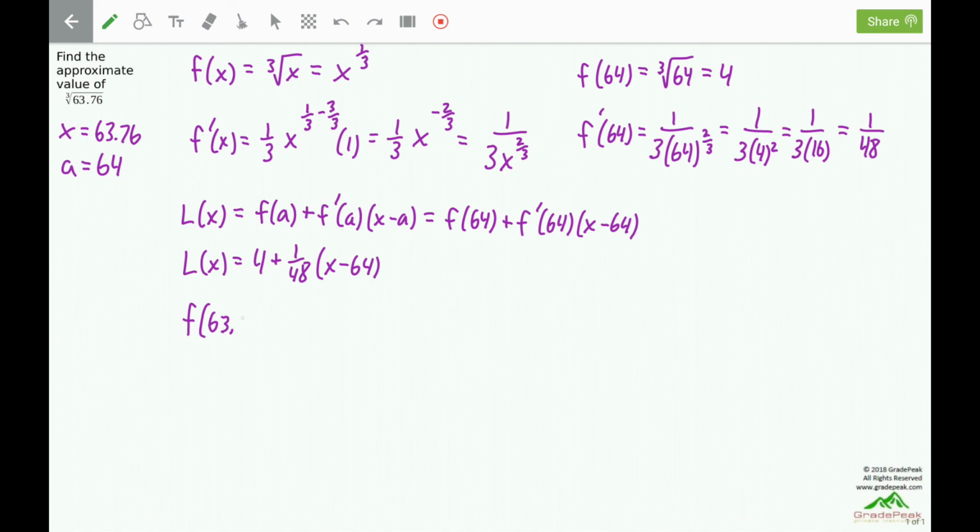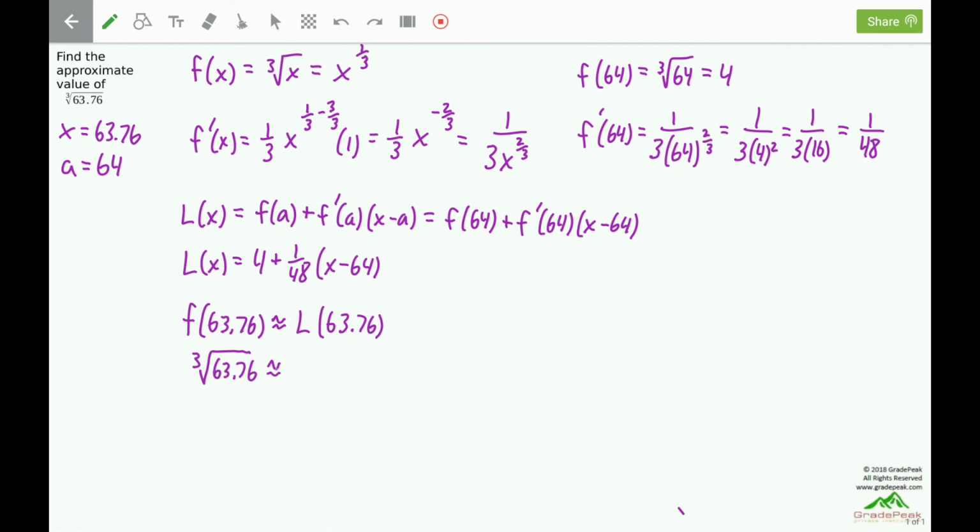f of 63.76 can be approximated with the linear approximation L of 63.76. f of 63.76 means to plug that in for x in the f of x. That will give the cubed root of 63.76.